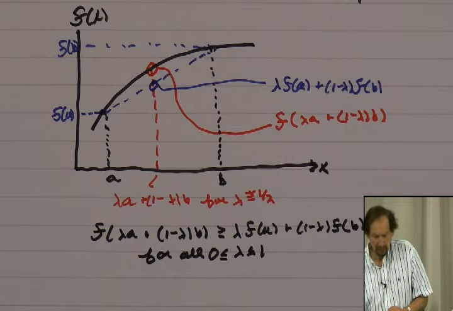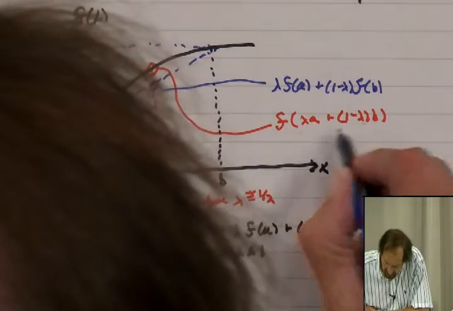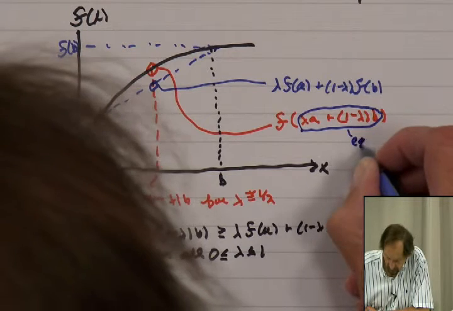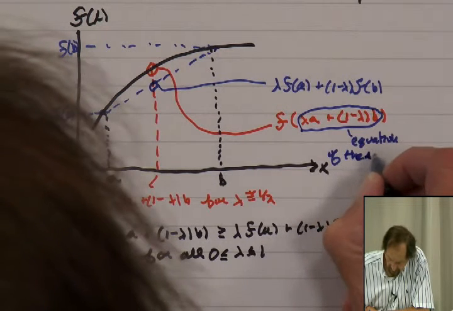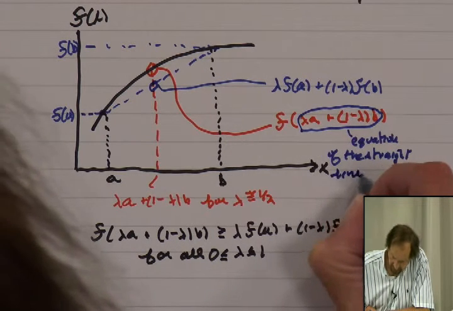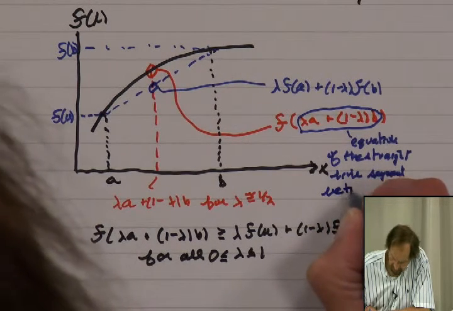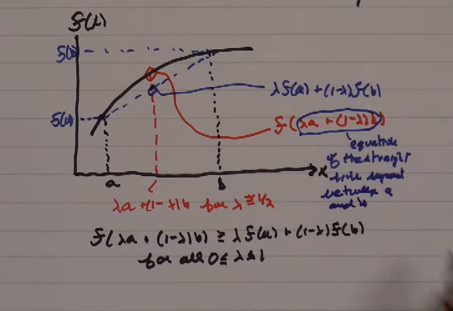Lambda a plus 1 minus lambda b is nothing more than the equation of the straight line segment between A and B. The equation may look a little complicated, but it's not complicated at all.